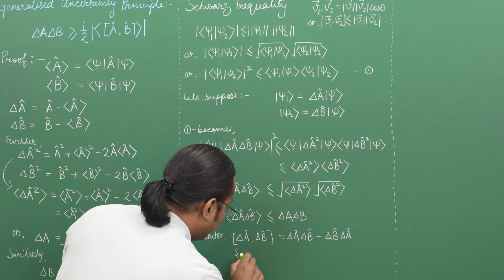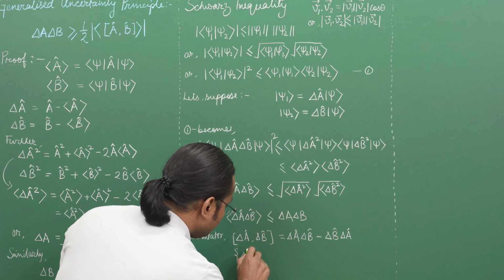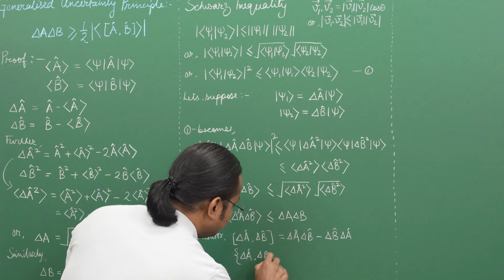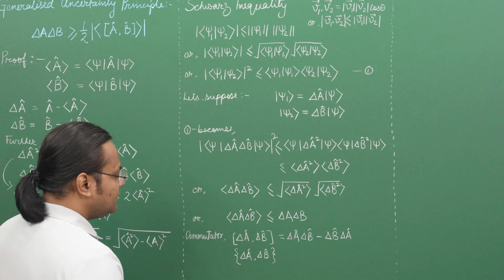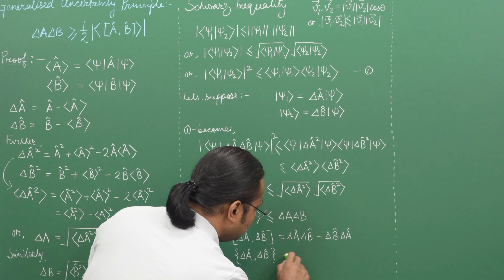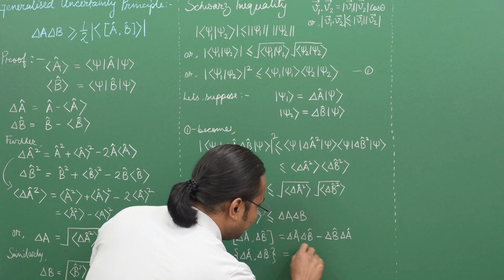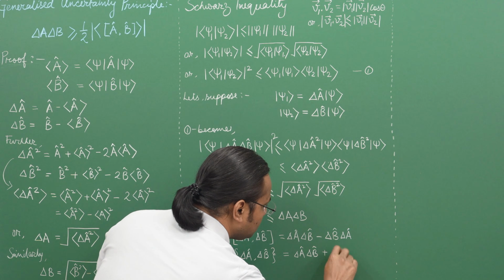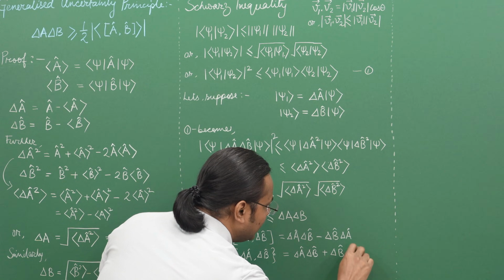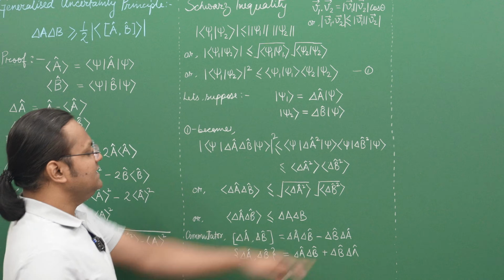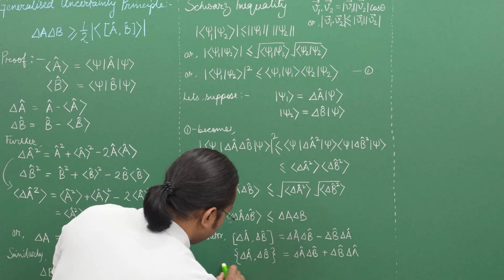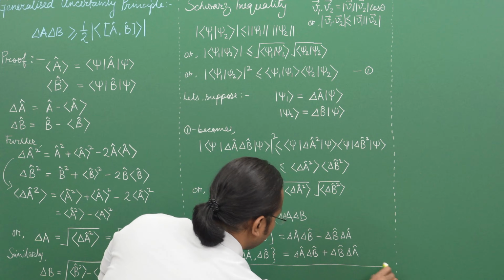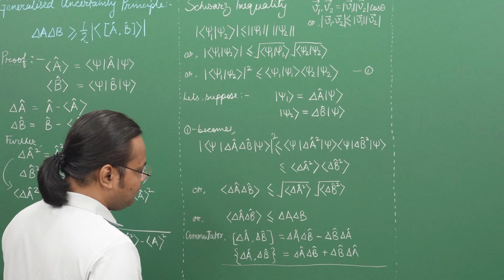Similarly, we have something called the anti-commutator. If I find the anti-commutator of the uncertainty operators of A and B, this is simply equal to del A del B plus del B del A. Now what if I add these equations? What will I get?